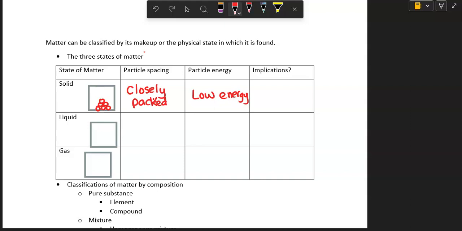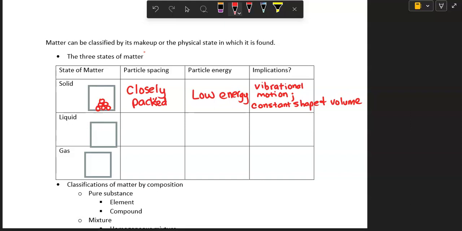The implications of this, it's vibrational motion only. So if we could see down to the particle size, then we could see that those particles are vibrating. And they have a constant shape and volume. So it's one of the reasons I drew the solid as a triangle here, was to show that even though it's in a square box, it's still triangular shaped.